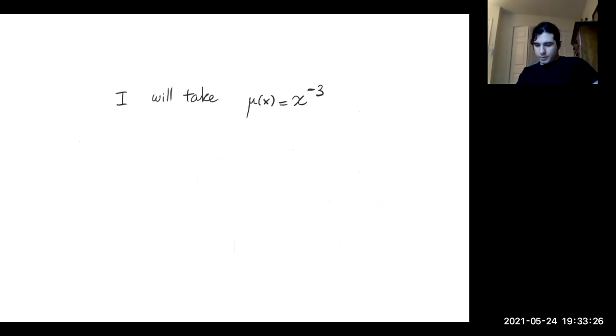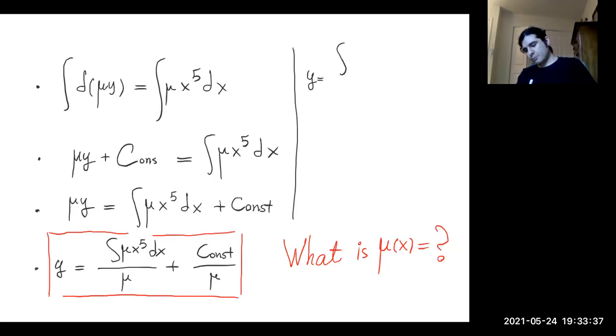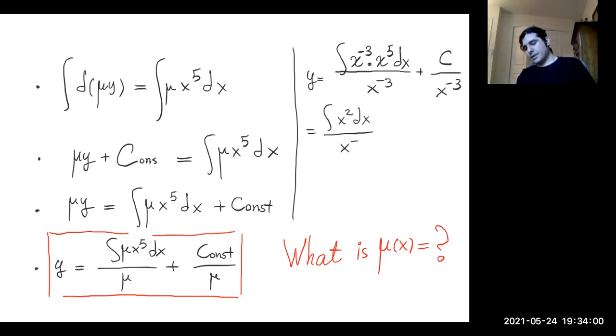Now let's remember, what was the answer we found? Here we have it. Y is equal to the integral of mu of x, which here we can take mu to be, as we saw, x to the -3, times x to the 5 dx over mu, plus a constant c over x to the -3, which is equal to the integral of x squared dx over x to the -3 plus c over x to the -3.